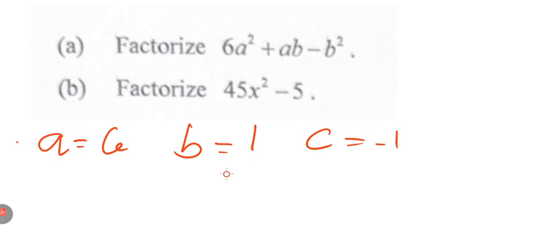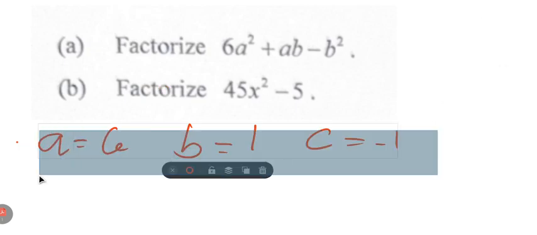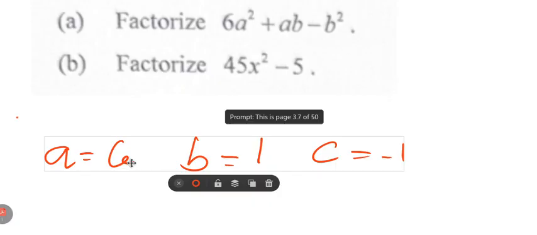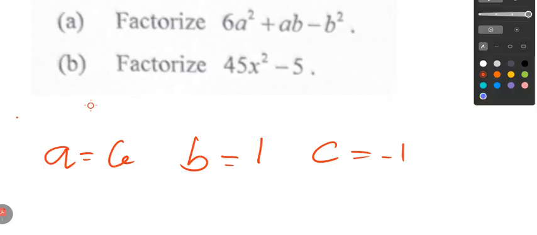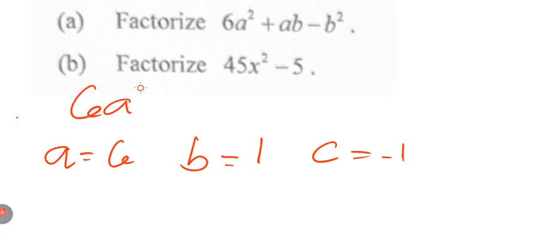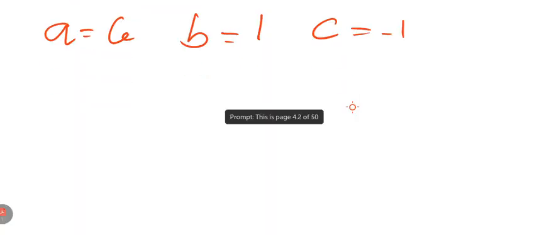Let's write it out a little bit lower down. This one is all about 6a squared plus ab minus b squared. Those are the variables that we have. Now, let's find two numbers that multiply to AC.